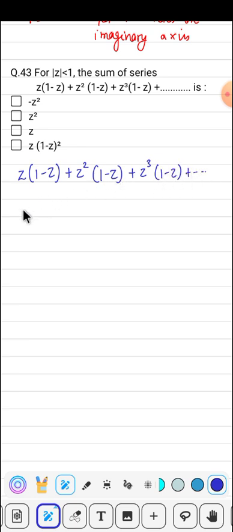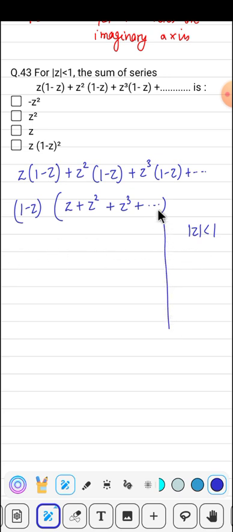Take 1 - z common. What I will be left with is z + z² + z³ and so on, right? Now I know that |z| is less than 1, so the formula I can use is the GP series, where a is the initial value and r is the common ratio.